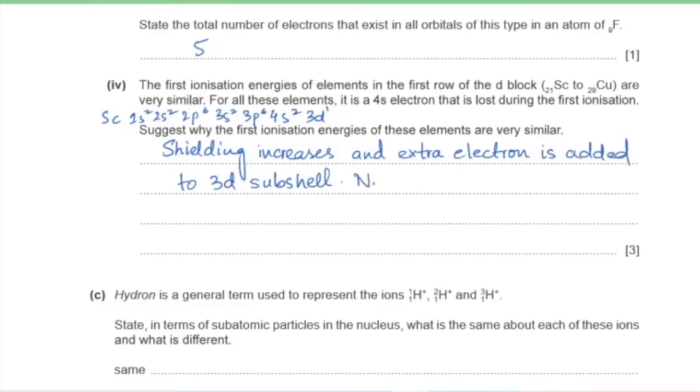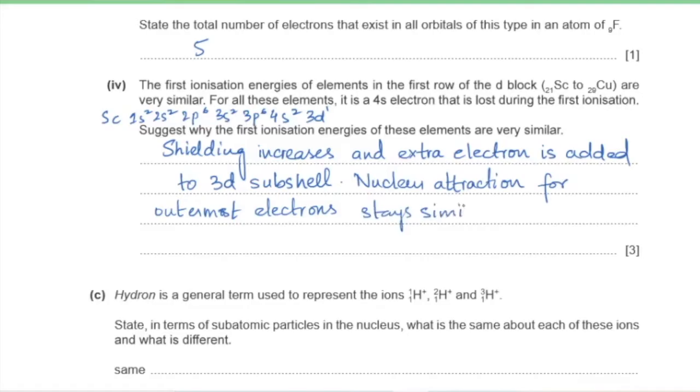Also, the nuclear attraction for outermost electrons stays similar. And these are the three reasons why the first ionization energies from scandium to copper all are very similar.